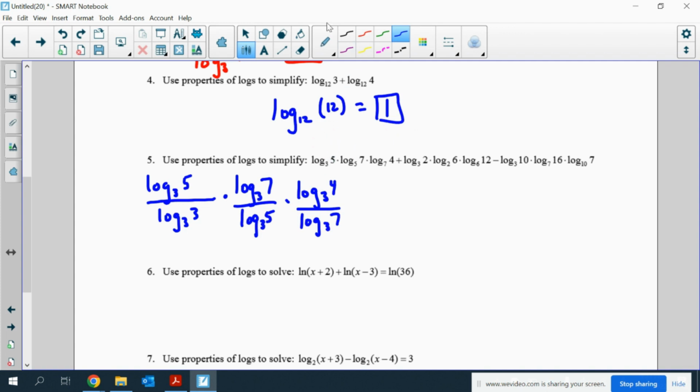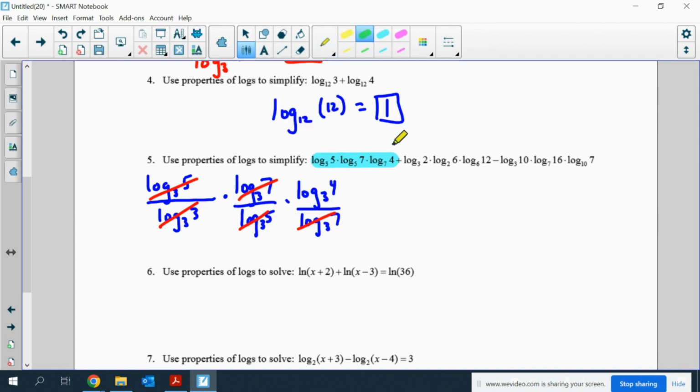So I'm just looking at the first part of this here at the moment. Notice when I do that, some of these things end up canceling off. And log base 3 of 3 is 1, right? So this whole thing over here was just log base 3 of 4.